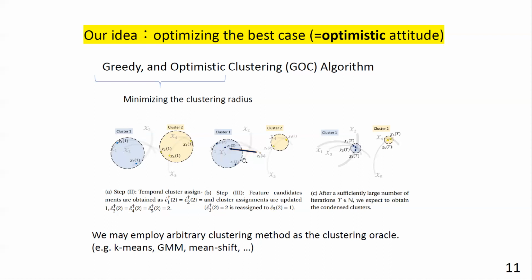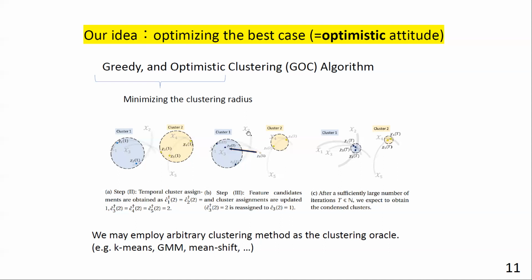Then please look at the second figure. In this step, we contemplate the cluster feature candidates. In this step, we compute the distance between the uncertainty set and the cluster centers. Distances between the members of uncertainty sets and the cluster centers.